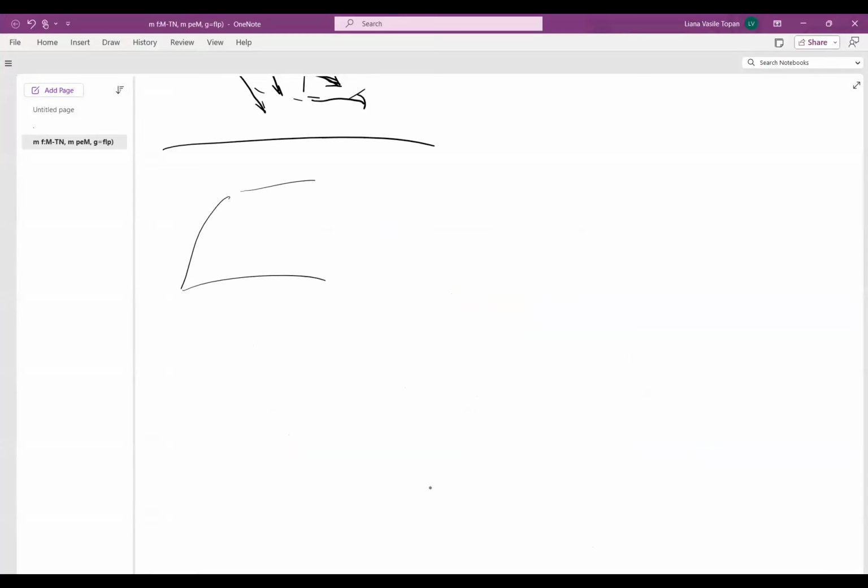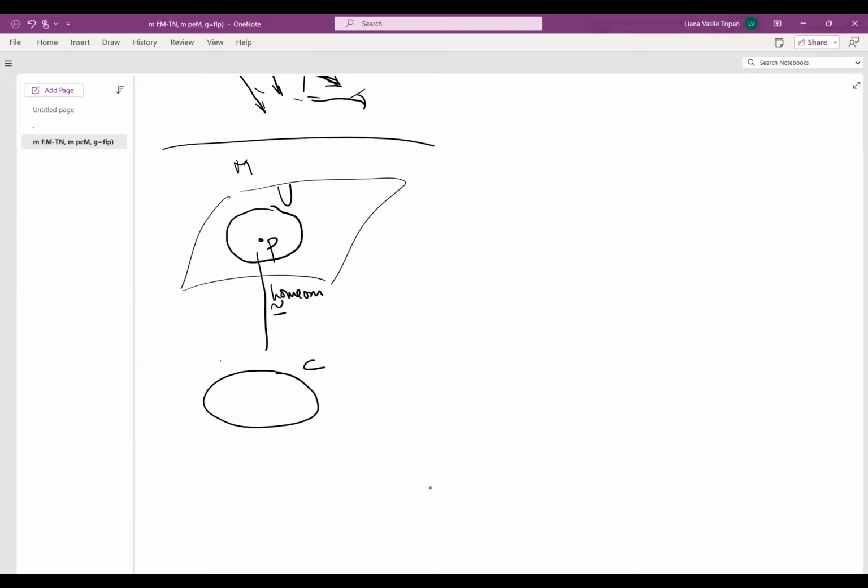You have your space, and for every point on the manifold, you can find an open set U which is homeomorphic with phi of U, an open set of R^n, of dimension n. What if instead of taking open subsets of R^n, we work with open subsets of H^n?